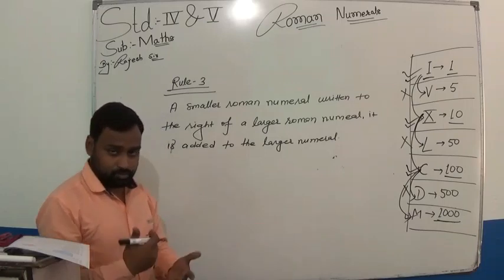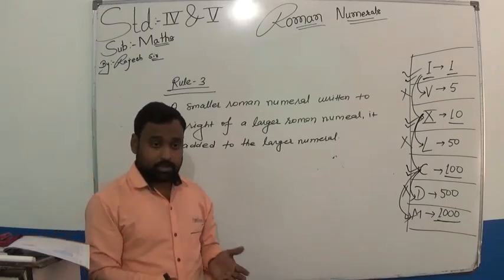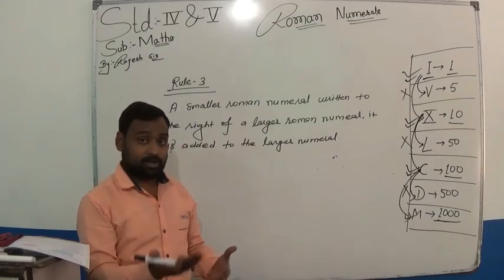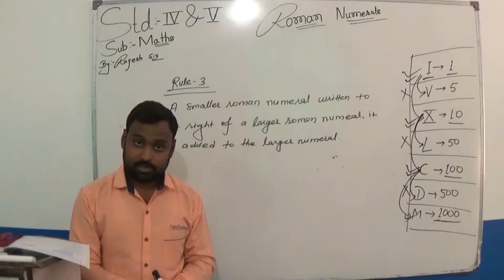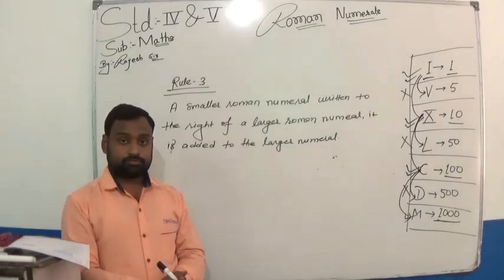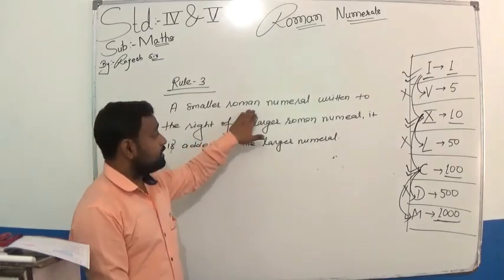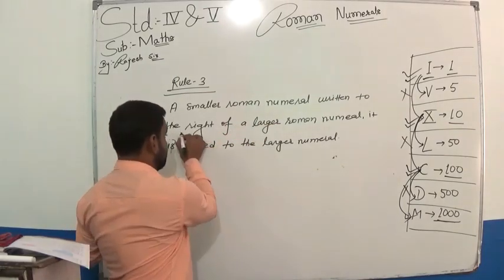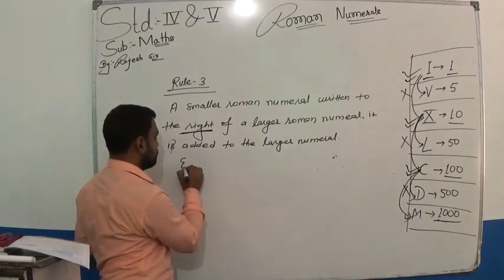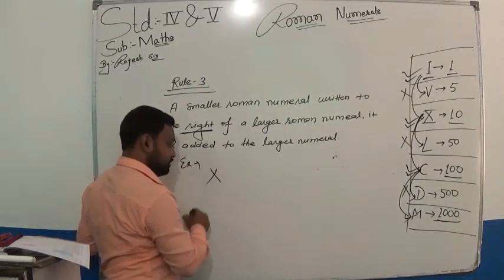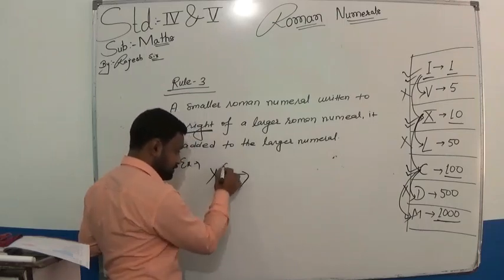Earlier we learned what happens when a smaller Roman numeral is written to the left of a larger Roman numeral. Now you have to learn what happens when a smaller Roman numeral is written to the right. Like XI.